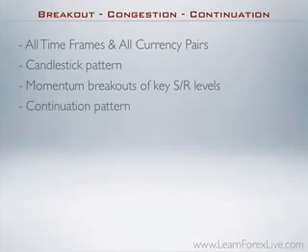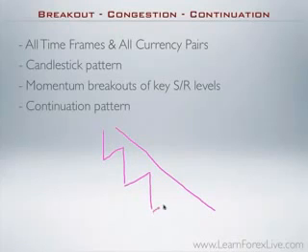Now, that key level of support and resistance can take any shape, and I really mean any shape. We can be searching for breakout, congestion, continuation patterns upon the breakout of a trend line. Let's imagine we have price swinging right off a diagonal level of support and resistance, which is basically the definition of a trend line. Resistance in this case, since price finds resistance at that specific line.